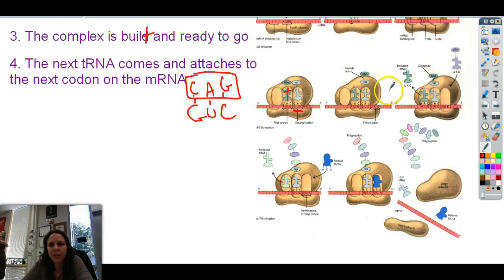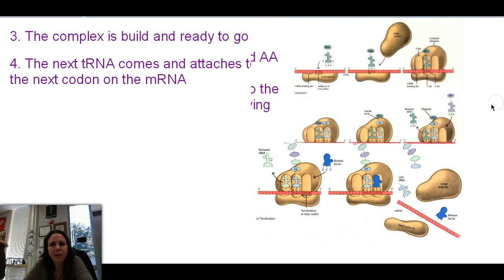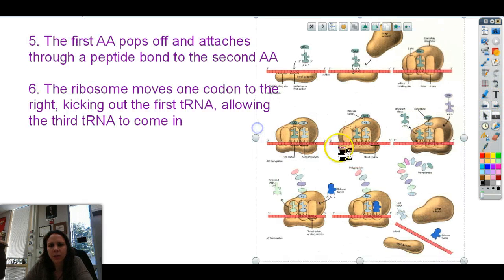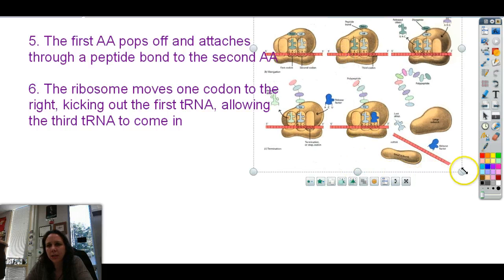So tRNAs come and go, but the one with CAG sits down, and he brings along with him the second amino acid. Okay, so next tRNA comes and attaches to the next codon on the mRNA. After that, we need to pass off the amino acids. So let me again make this a little bit bigger so we can see it.